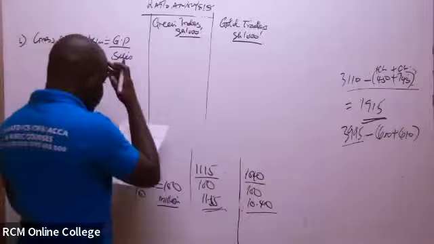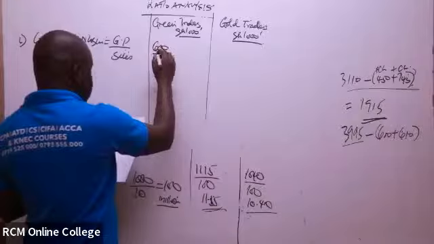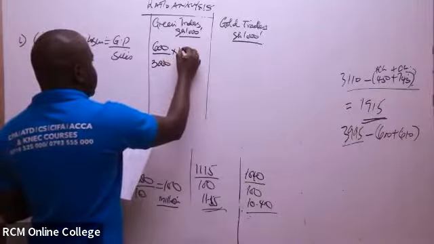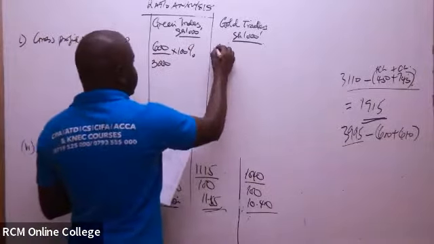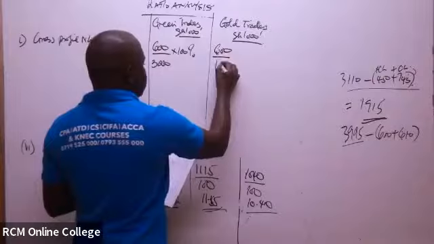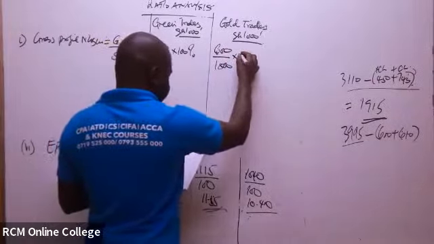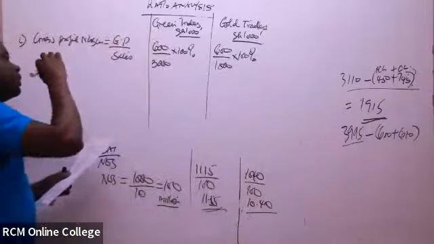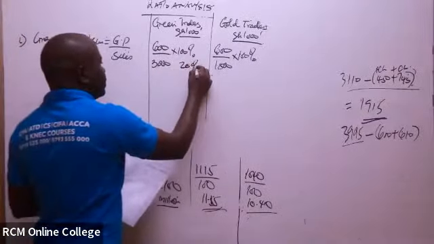So for this first company, it is 600 over 3 million multiplied by 100%. For the second company, it is 600 over 1800 multiplied by 100%. So this one is a fifth, 20%.